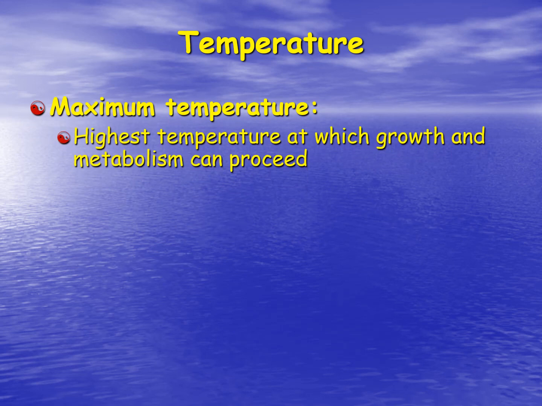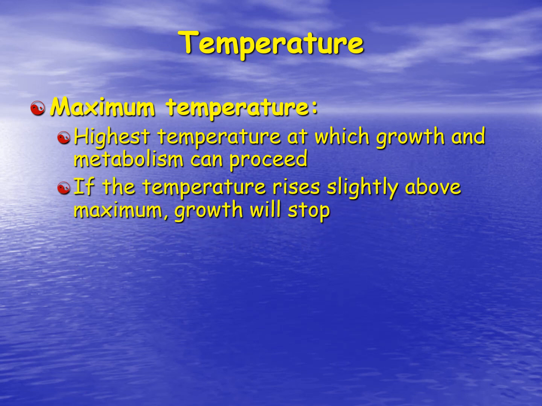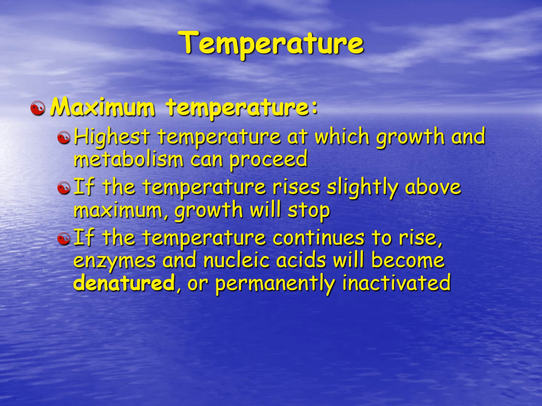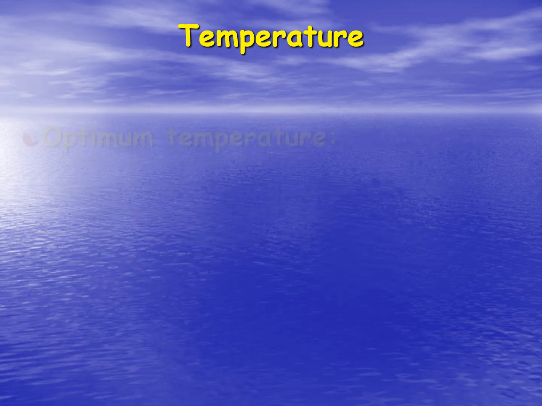Maximum temperature, the highest temperature at which growth and metabolism can proceed. If the temperature rises slightly above the maximum, typically growth will stop and the organism will die. And actually, I'll say this, heat kills faster than cold. If the temperature continues to rise, the enzymes and nucleic acids will become denatured, or completely unravel, and become permanently inactivated, and the cell will actually die.